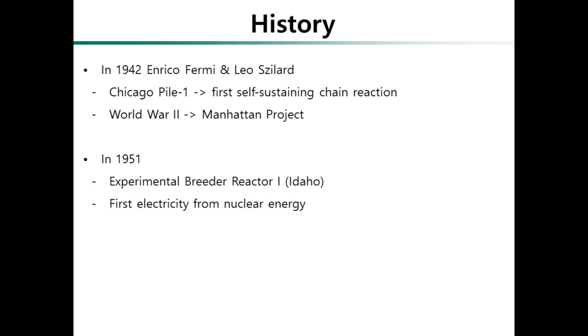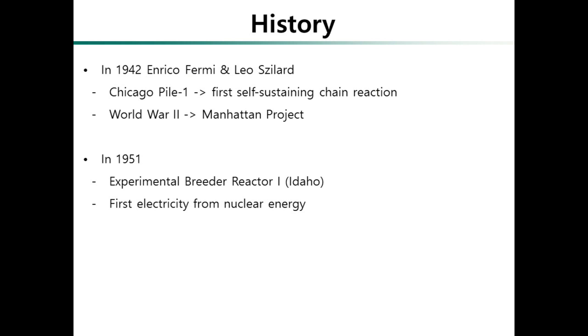But we could not control that reaction. If it is not controlled, that means a nuclear bomb. But if we can control it, then we can use it for an electric plant, or for a research reactor.